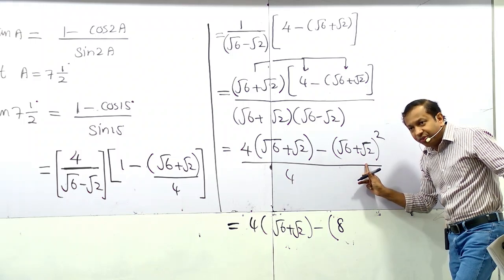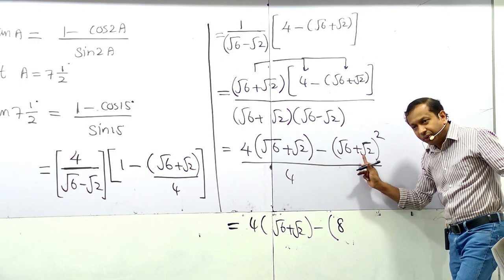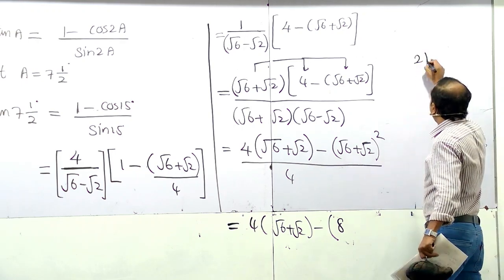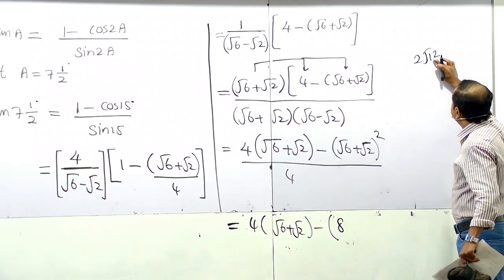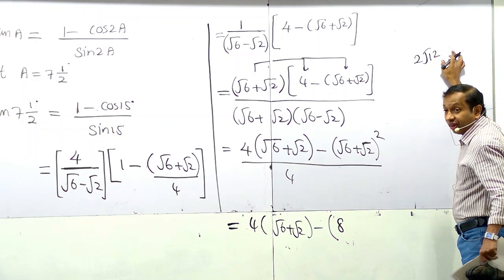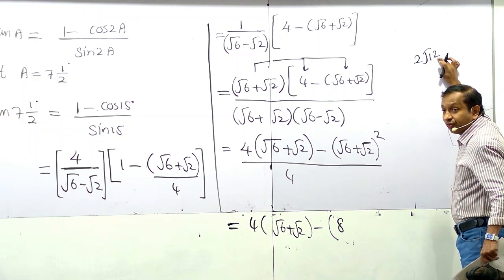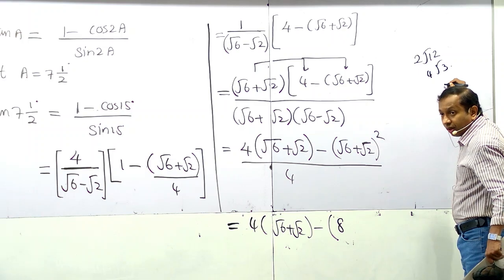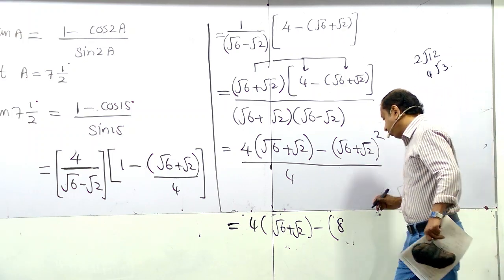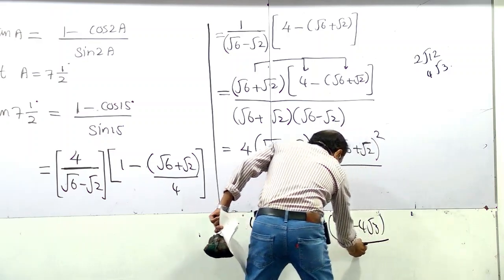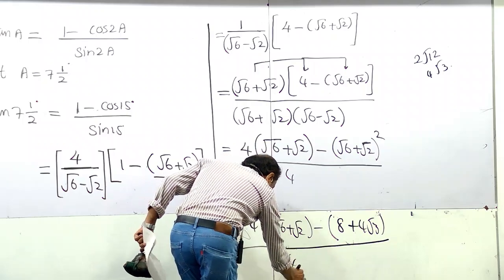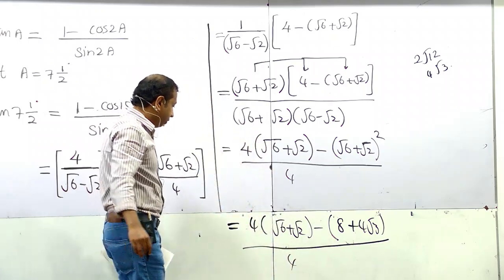Root 6 root 2 means root 12. 2 into root 12, we get this as the middle term. This 12 we can write how? 4 into 3. Root of 4 is 2. Then we can write this as 4 root 3. Am I correct? Yes, right. 8 plus 4 root 3. Whole thing divided by what, people? 4. 4, right.